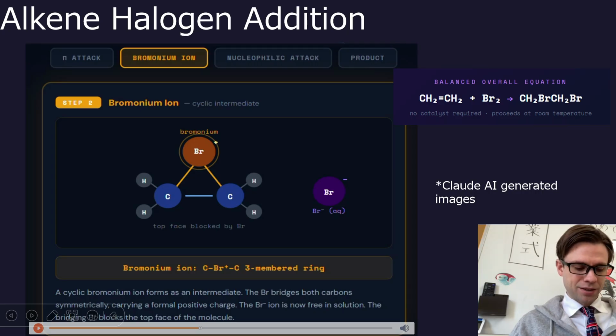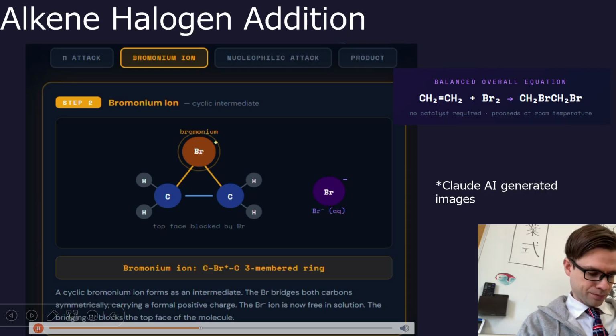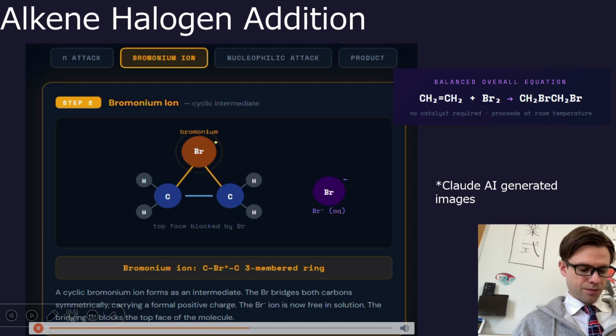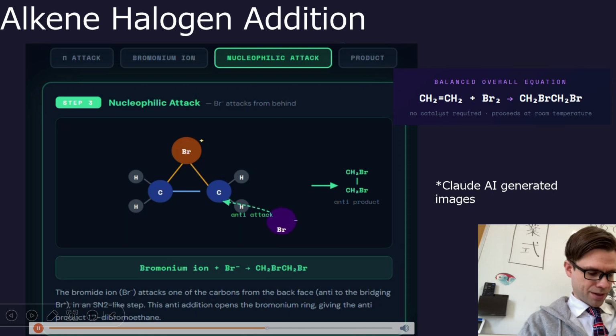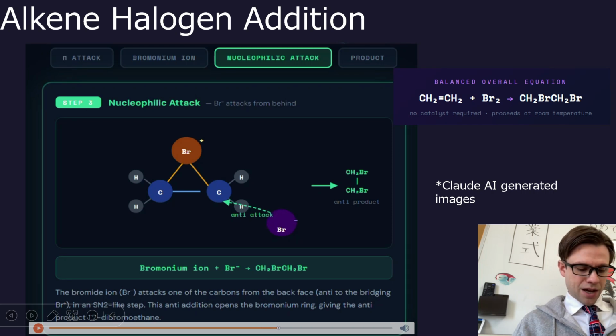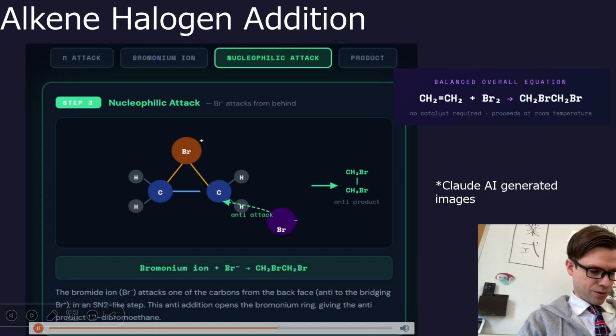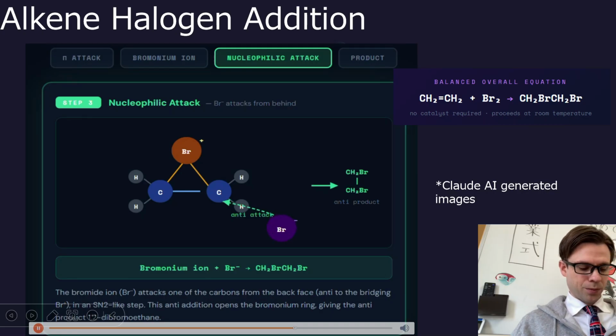But this meta-stable, slightly stable structure, triangle with a positive bromine ion, will determine what happens next. The Br minus now needs to attach to another section of the molecule, so it will come from behind, I believe. Come from behind this triangle structure, and its electron pair will attack. And that will lead us eventually to the final structure of the product, where we just have carbon-bromine bonds.